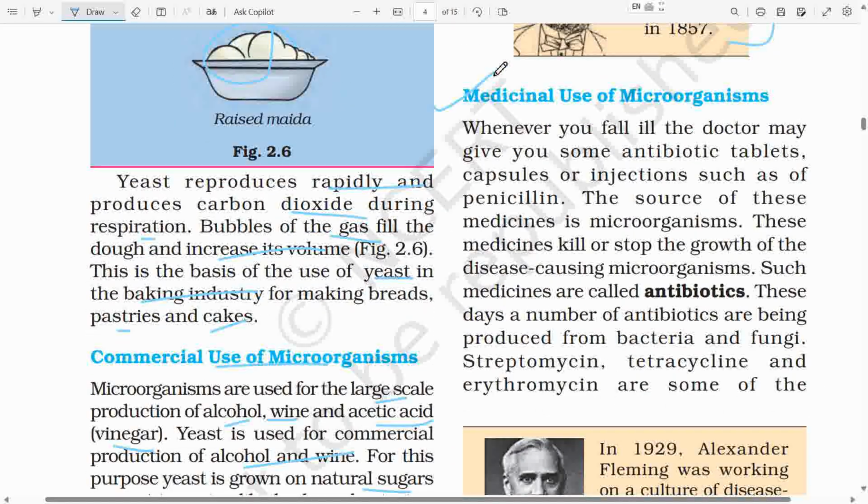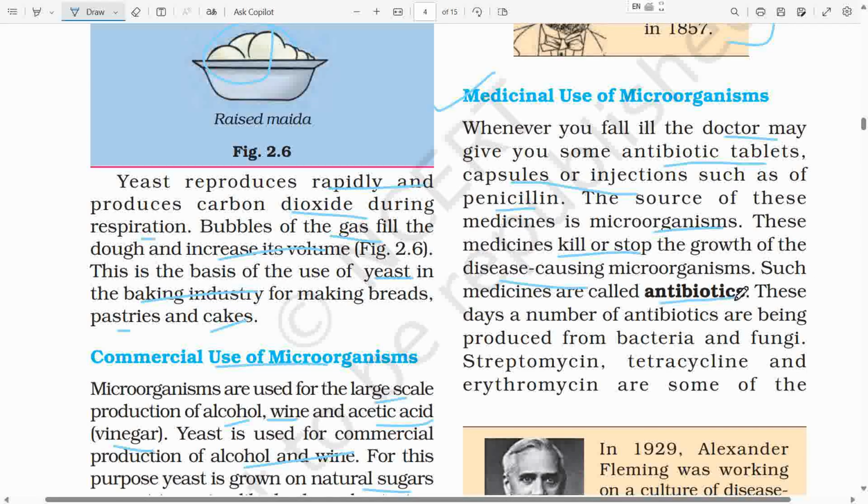Medicinal use of microorganisms. Whenever you fall ill, the doctor may give you some antibiotic tablets, capsules or injections such as of penicillin. The source of these medicines is microorganisms. These medicines kill or stop the growth of the disease-causing microorganisms.